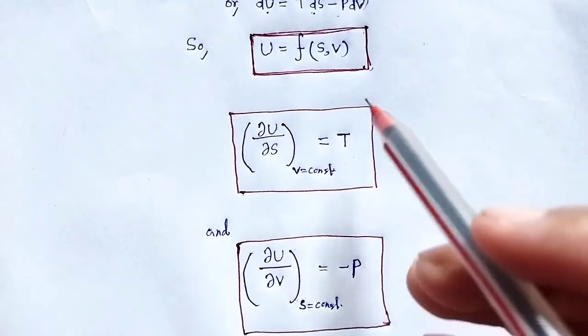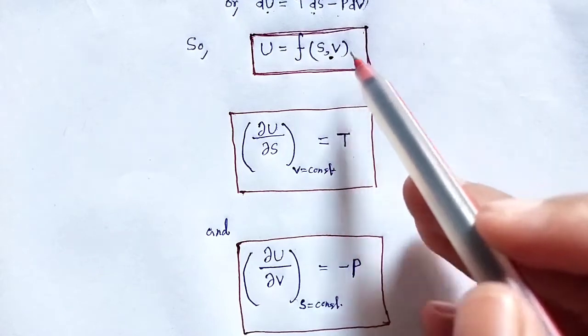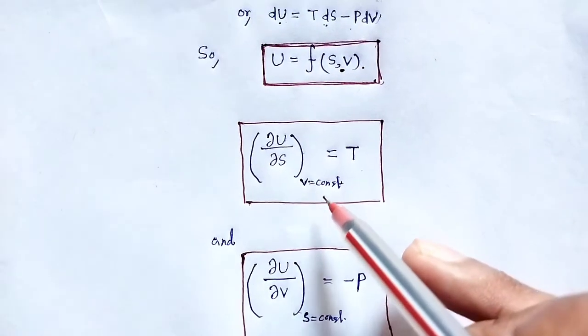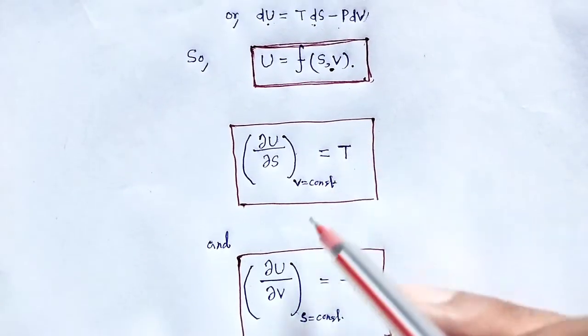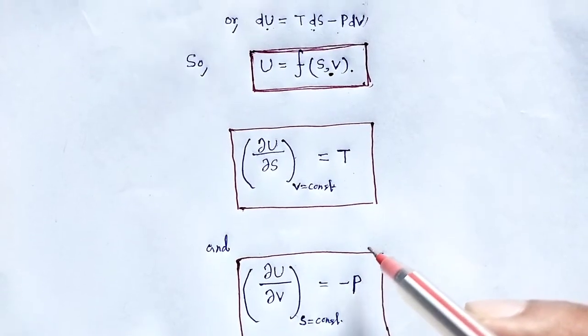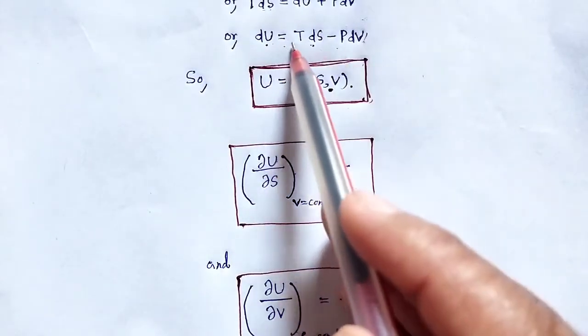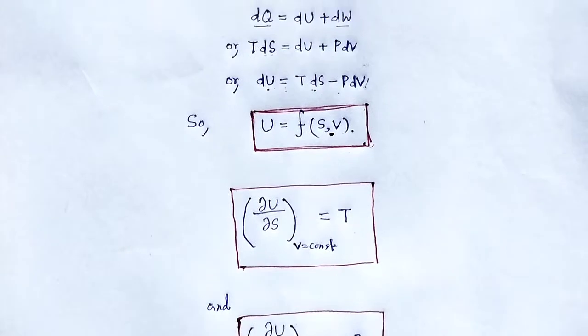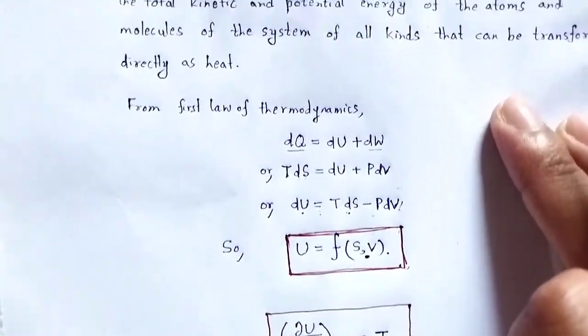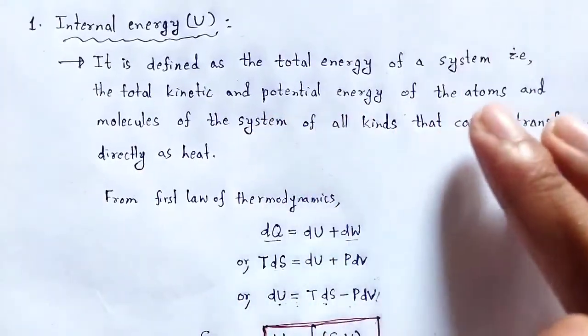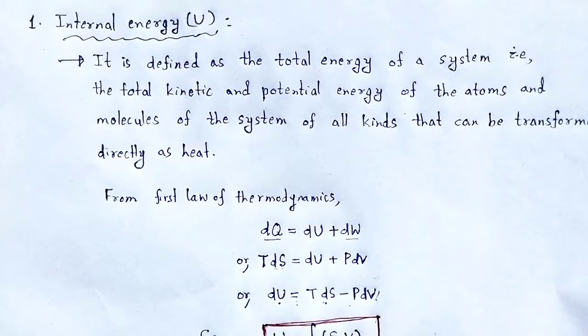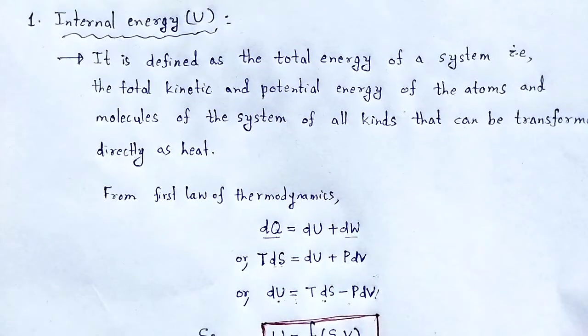U is a function of S and V, so del U by del S at constant V is equal to T, and del U by del V at constant S is equal to minus P, from the equation dU is equal to T dS minus P dV. So this is the basics of internal energy, which is one of the thermodynamic potentials.